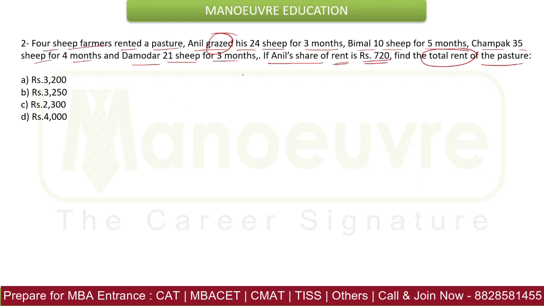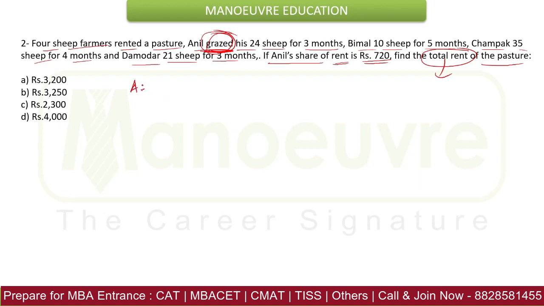Okay, now to find the total rent of pasture, we need to find the ratio of the duration for which these 4 people have grazed their sheep.